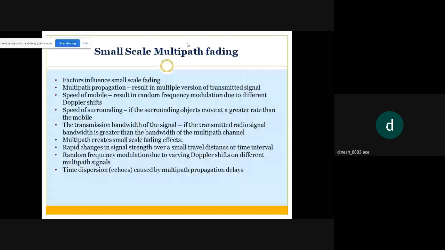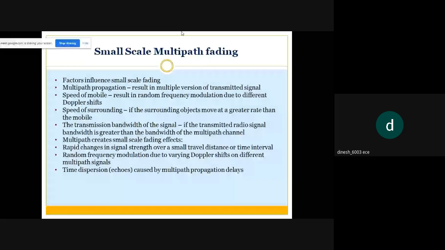If the speed of the mobile is much higher, then it results in random frequency modulation, Doppler shifts. Next is the surrounding objects: the surrounding objects with respect to the receiver move at a greater rate than small scale multipath.